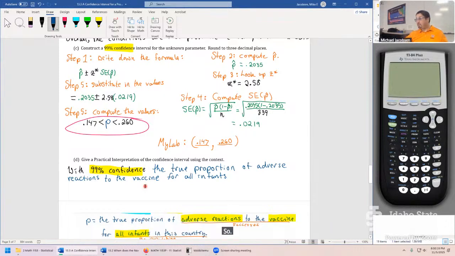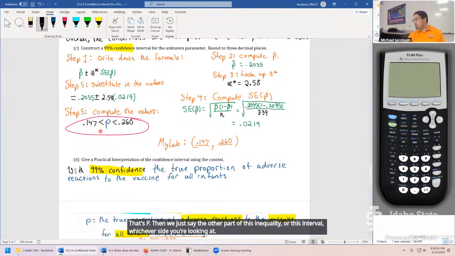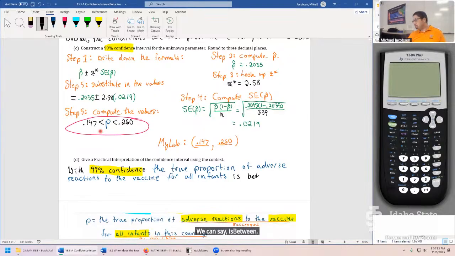So the true proportion for adverse reactions to the vaccine for all infants, that's P. Then we just say the other part of this interval is between 0.147 and 0.260. And that's our entire interpretation. If you said percent here, then you would have said 14.7% up to 26.0% would have been the change.